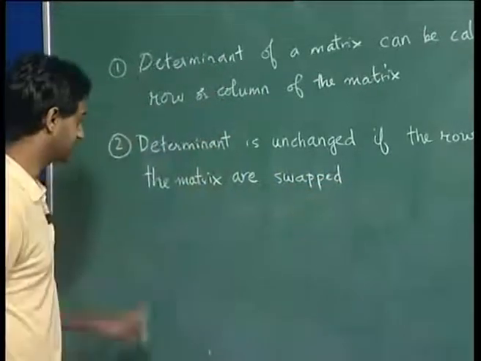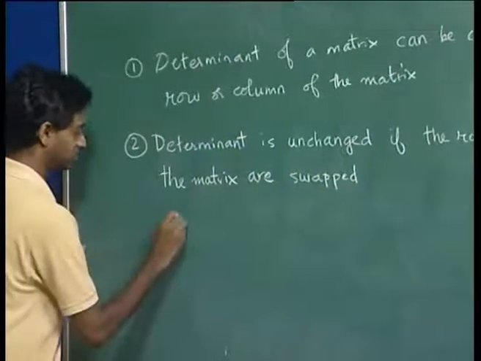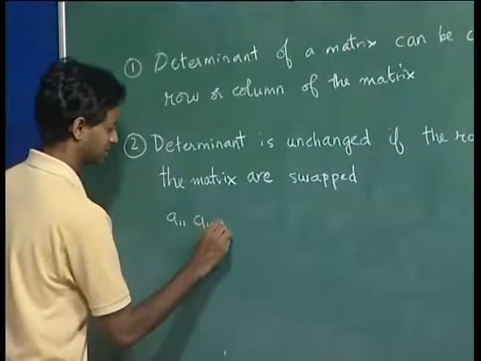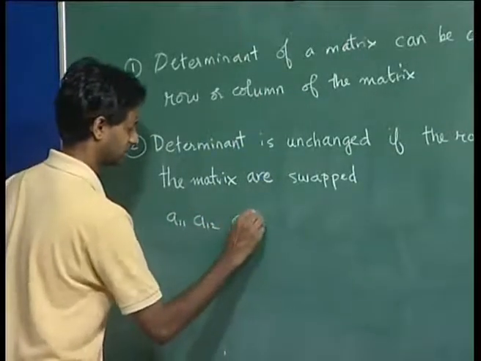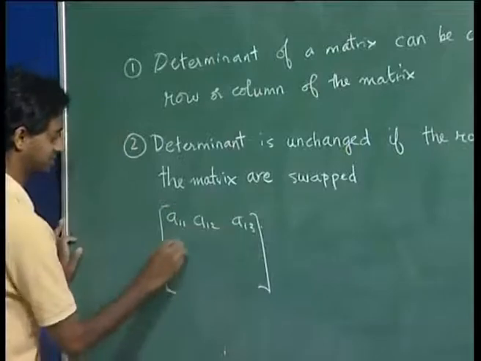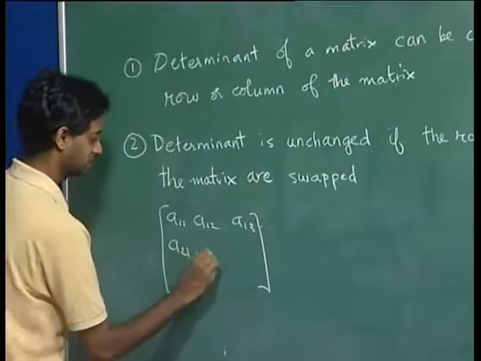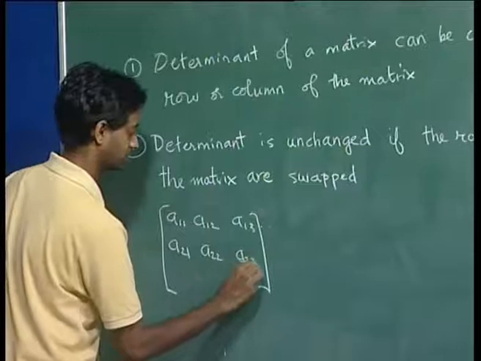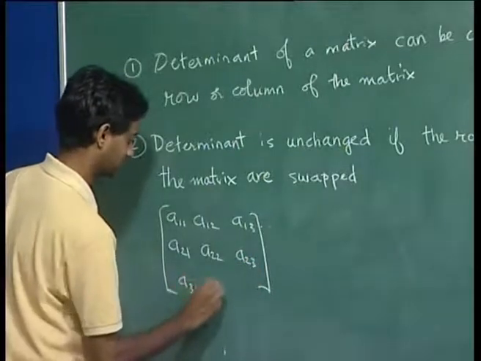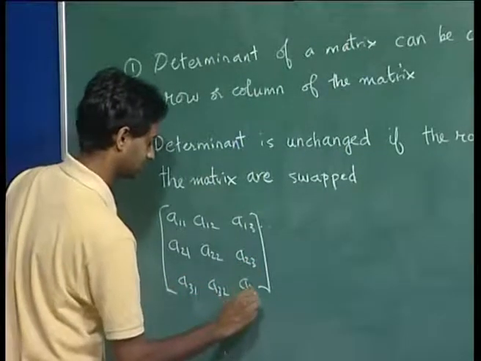So, in other words, if I had a matrix that looked like A11, A12, A13, let us just take a 3 by 3 matrix, A21, A22, A23, A31, A32, A33.